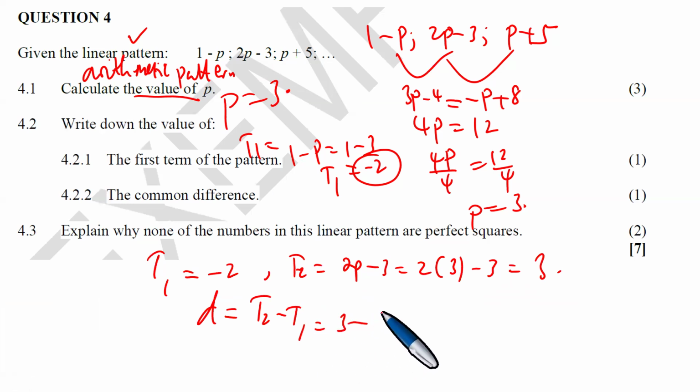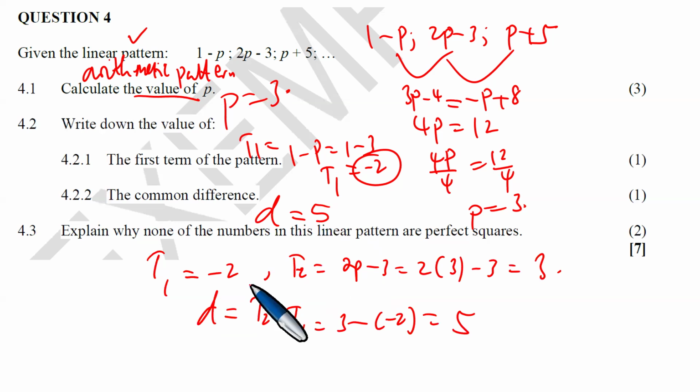That is 3 minus minus 2, which is exactly 5. In arithmetic or linear patterns, we find the common difference by using the successive differences, and therefore the common difference is 5.